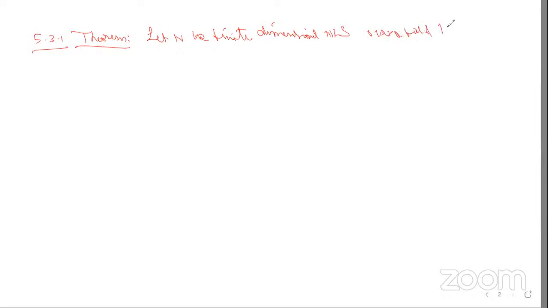normal linear space over a field, meaning scalar field F. For a field F, every linear functional on N is bounded.